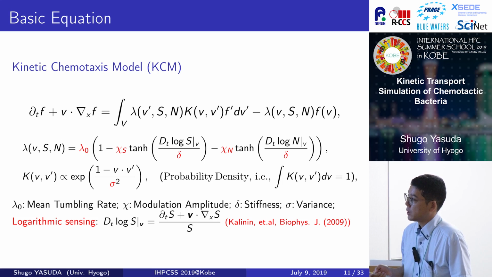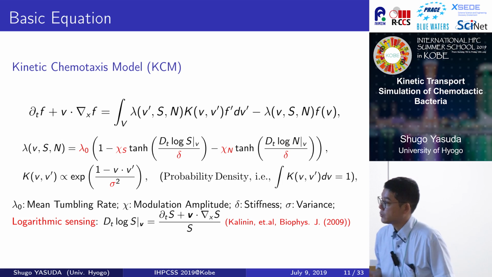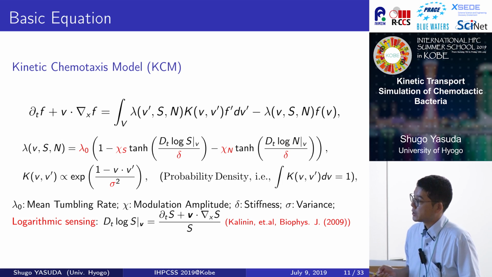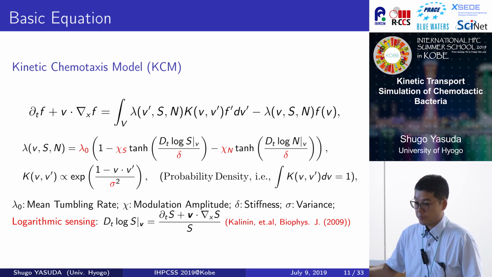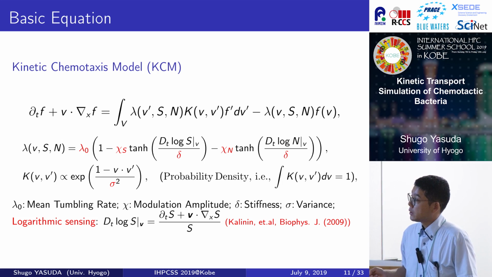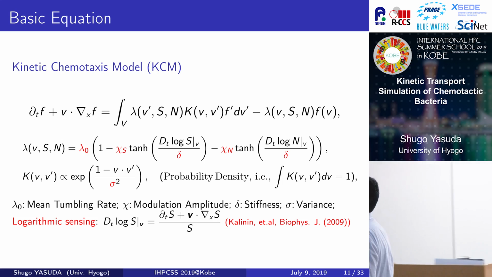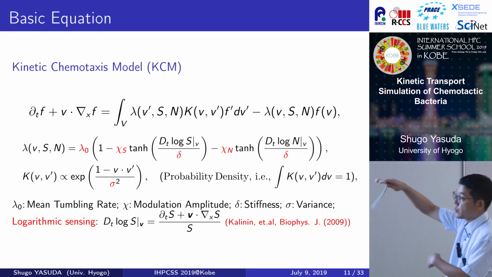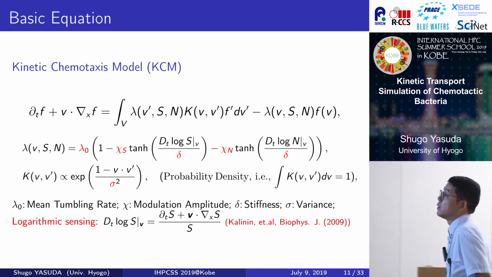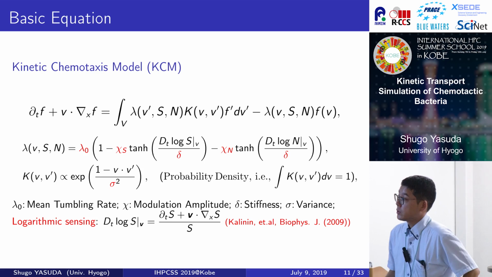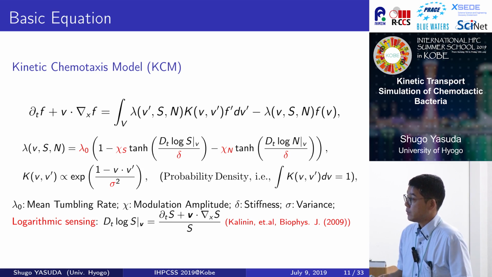And for lambda, we have three important parameters. Lambda 0 is the mean tumbling frequency. And chi, we consider two chemical concentrations, S and N. And chi is the modulation amplitude in the change of tumbling frequency.